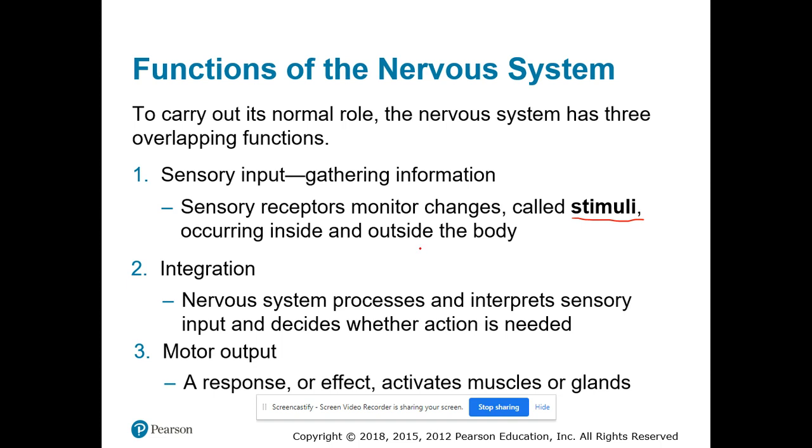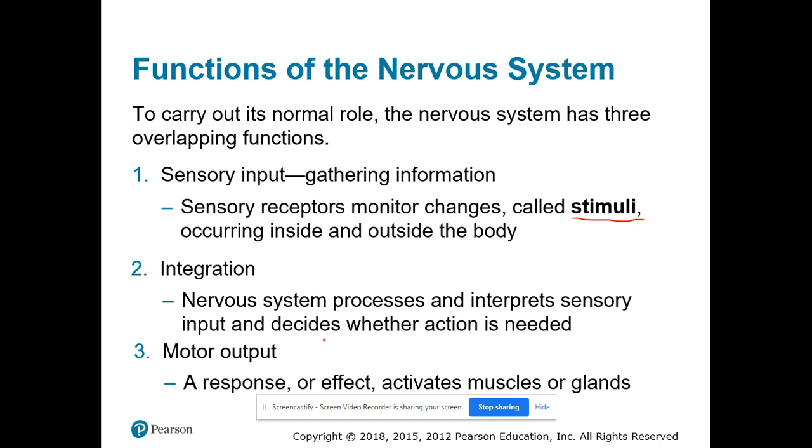Your body takes this information and sends it to your nervous system, and specifically your central nervous system, your brain and your spinal cord, where it's going to integrate this information. During the integration stage, your brain processes and interprets the information it gets and then decides what needs to be done.